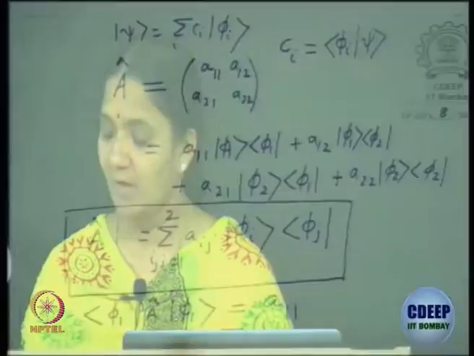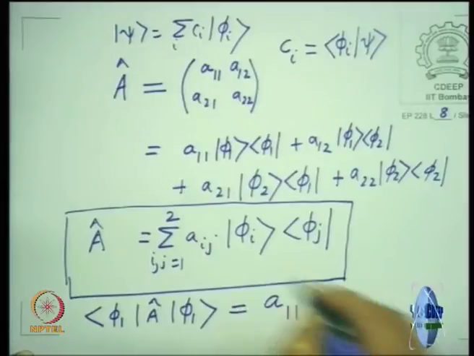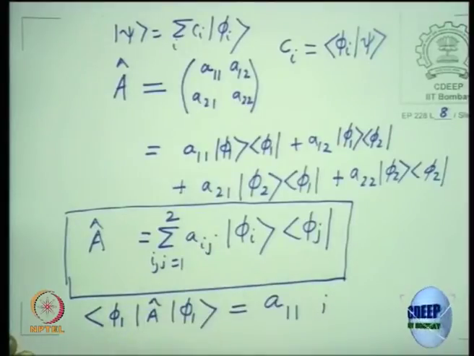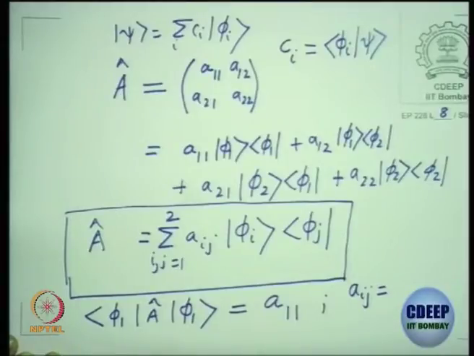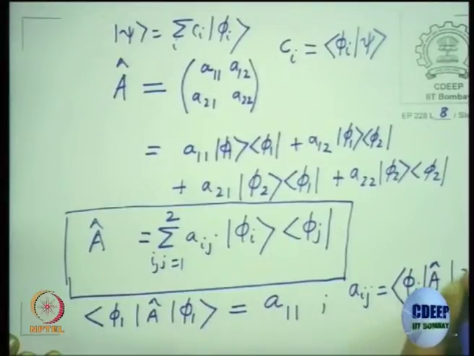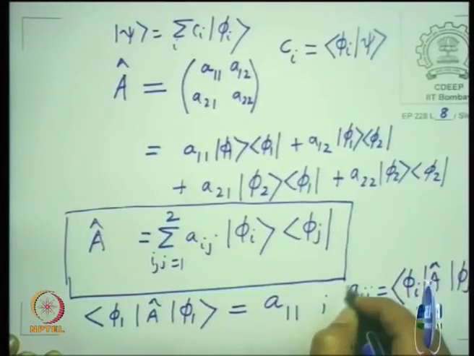So, you take the inner product of phi I with psi. In the context of operators, if you want to find these coefficients Aij, you have to take phi I, A operator, phi j. That is it.